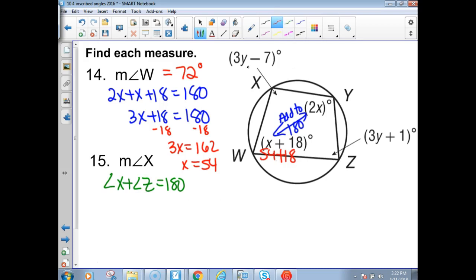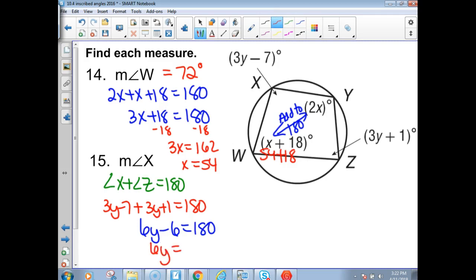So I'm going to pop in 3y minus 7 plus 3y plus 1 equals 180. Okay, I got 6y minus 6 equals 180. Finish it. And I found out a lot of people make a boo-boo right here because they subtract 6 instead of adding.